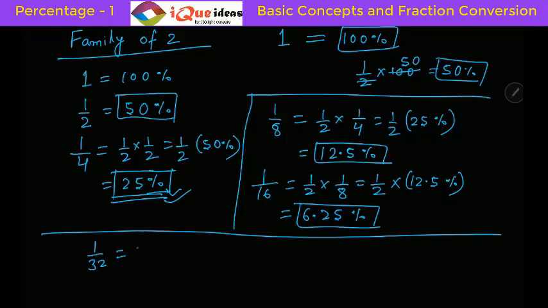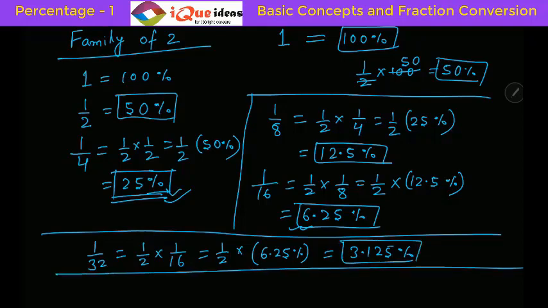Now what will this be? 32 is 2 into 16, so it is simply half of 1 by 16. We have already calculated 1 by 16 as 6.25%. So half of 6.25 will be 3.125%.